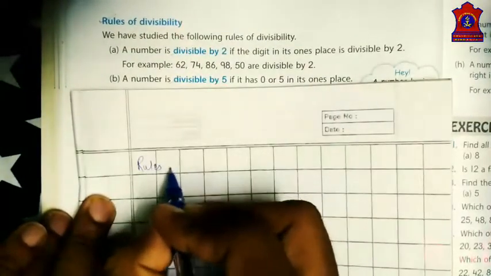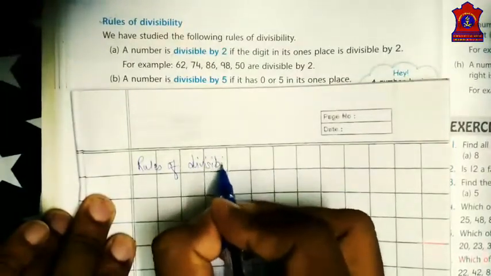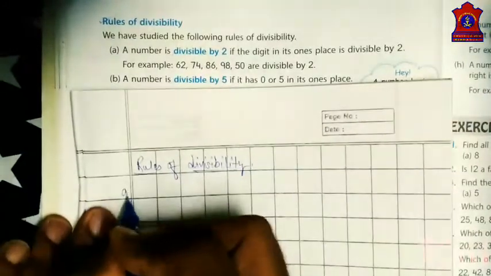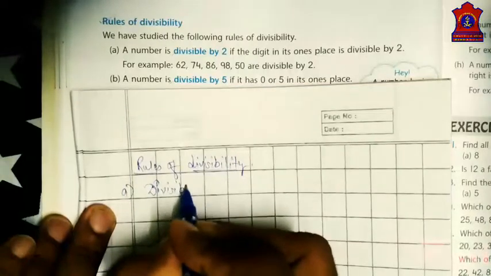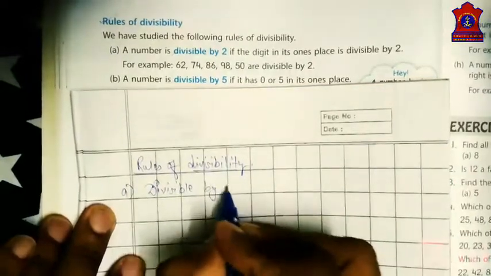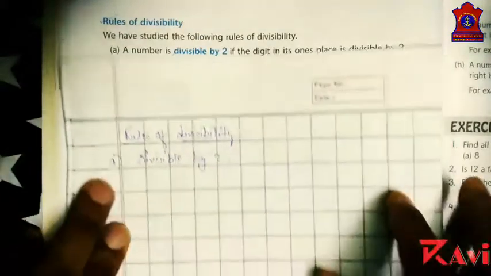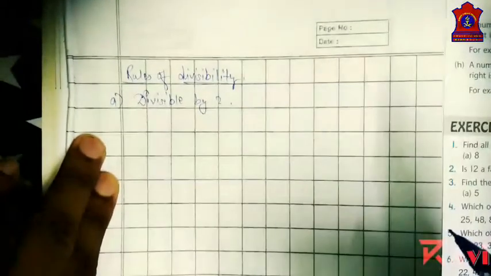Number 1, divisible by 2. When can you say that a number is divisible by 2? Look at this example. You will be able to understand when a number is divisible by 2.